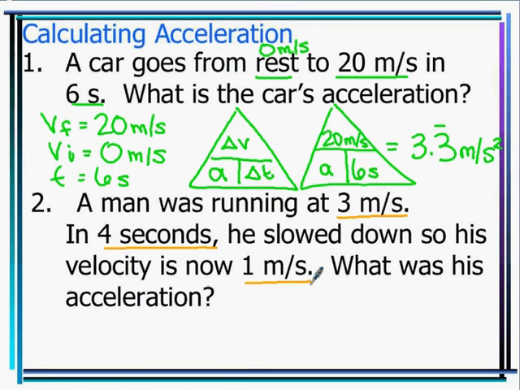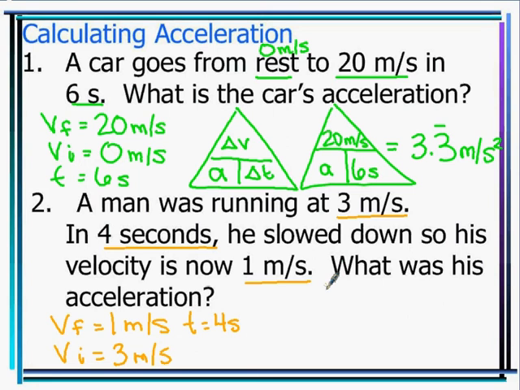Well, it says the velocity is now 1 meter per second. So my velocity final is 1 meter per second because at the final point he was going 1 meter per second. He started off running, my velocity initial, he started off running at 3 meters per second. And I know that my time is 4 seconds because it tells me it happened in 4 seconds.